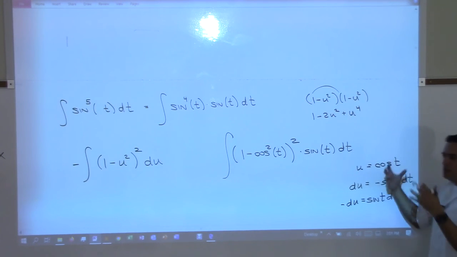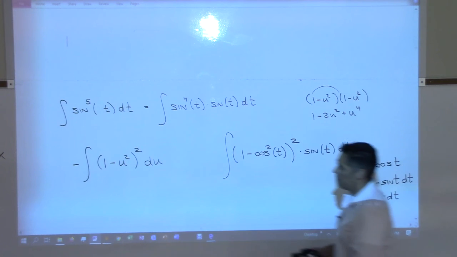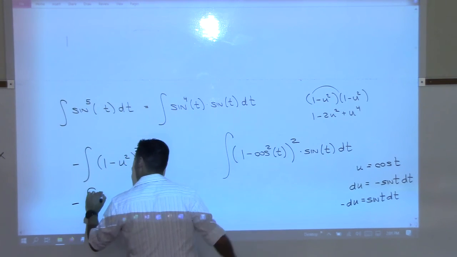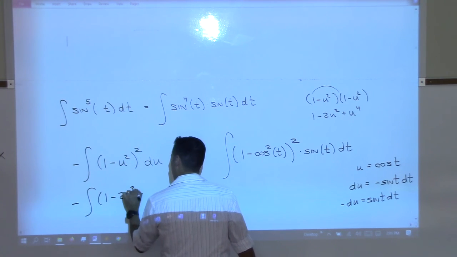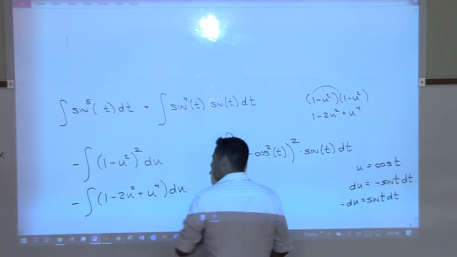That's what you would get if you expanded and collected like terms. All right, so that's just a little bit of algebra that we might need to do. But now you don't have that squared anymore. So now you could rewrite this as minus integral 1 minus 2u squared plus u to the 4th du.